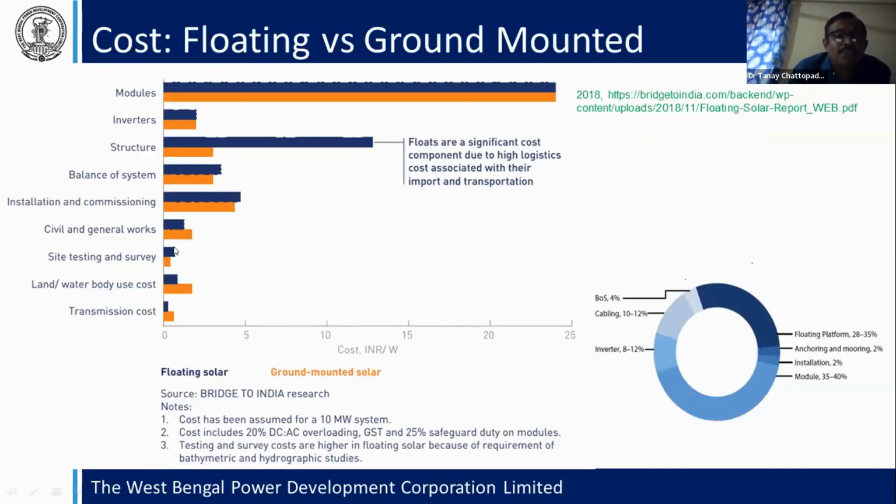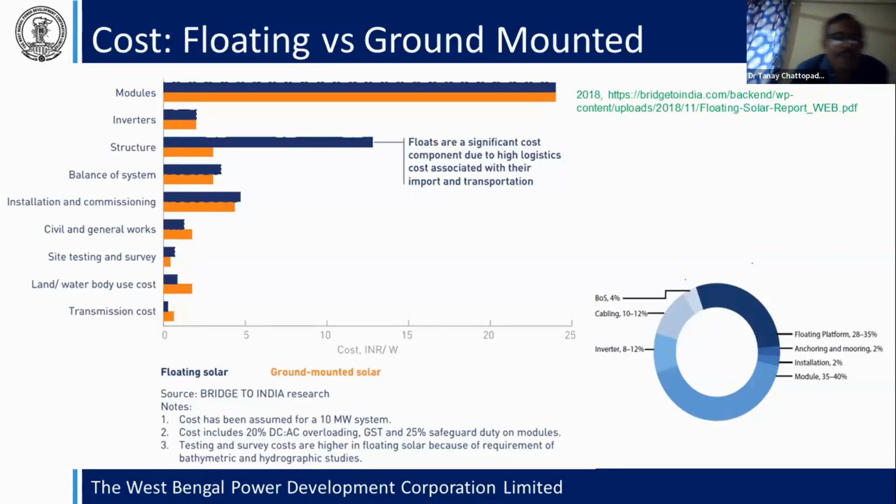Otherwise, you have to arrange the water body such that fishermen can still fish there, or if it is not used for fishing, then it is okay for the site.